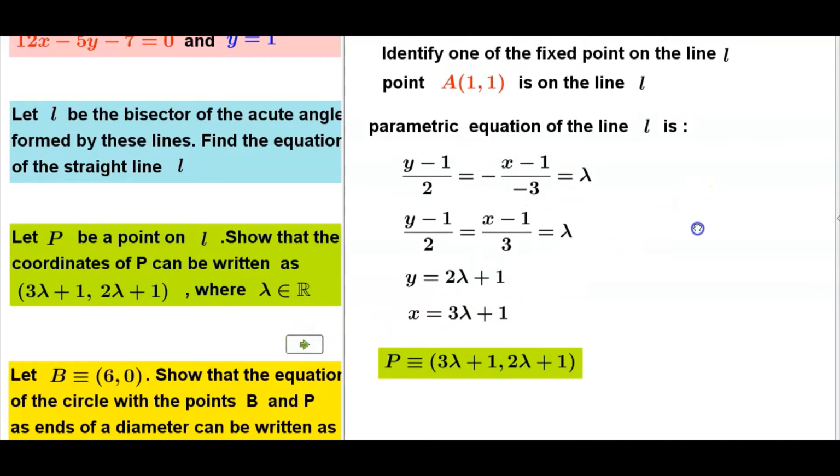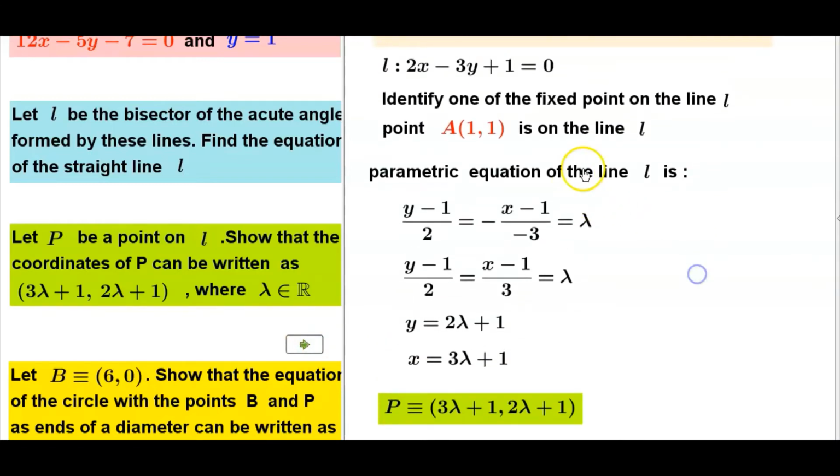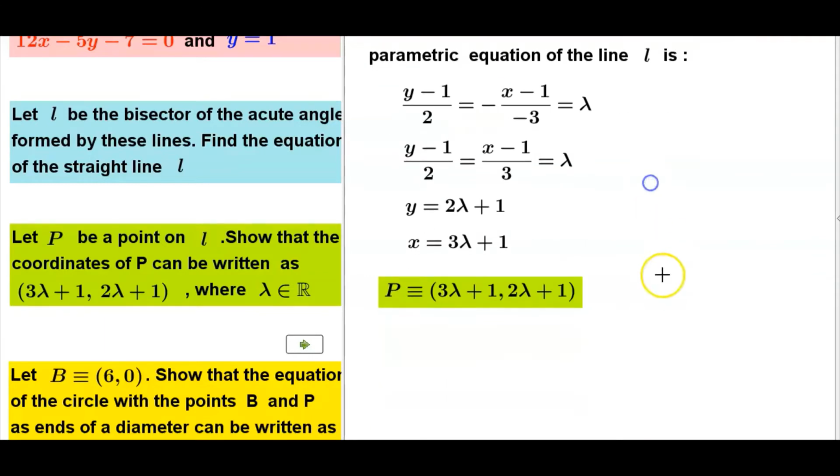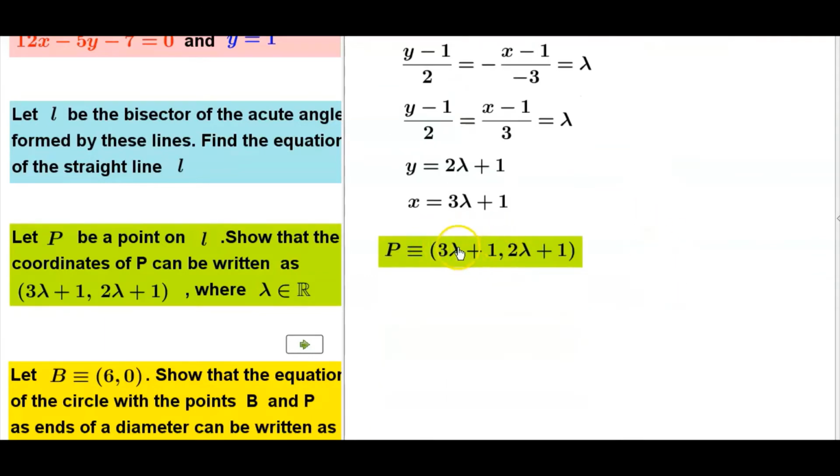Therefore, a point on this line L, 2x minus 3y plus 1 equal to 0, can be written in the form (3 lambda plus 1, 2 lambda plus 1), where lambda is a real number. So P is a point on L, and the coordinates of P can be written like this. This part is over.